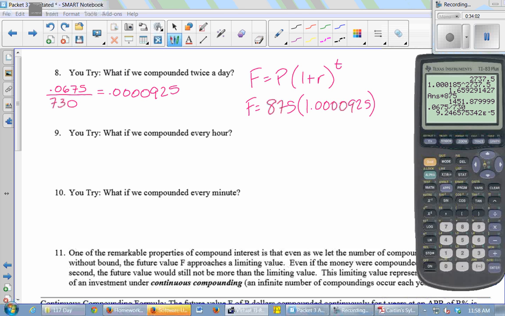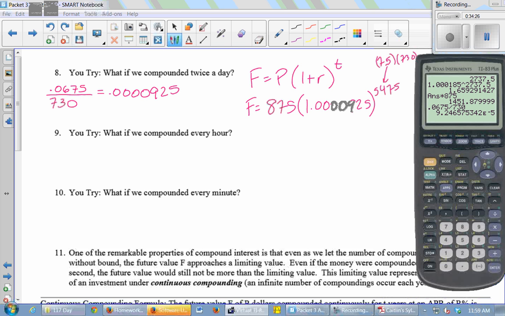So this number here should be 7.5 times 730, which is 5475. It's the number of times you're getting paid interest over the course of 7.5 years.